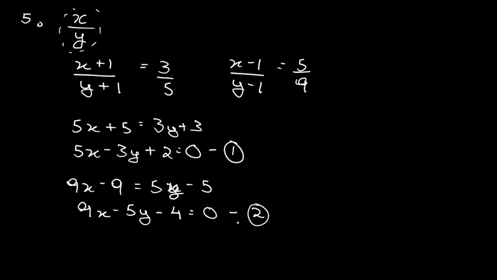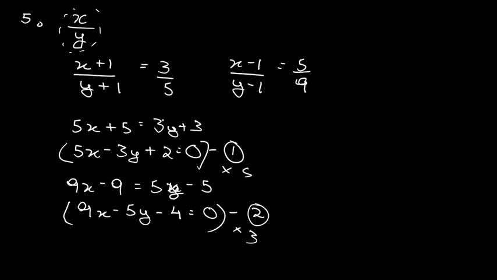Now what do we have to do? You can easily solve these two equations. How? Let us eliminate this y. We have to multiply this equation by 5, and multiply this equation by 3.